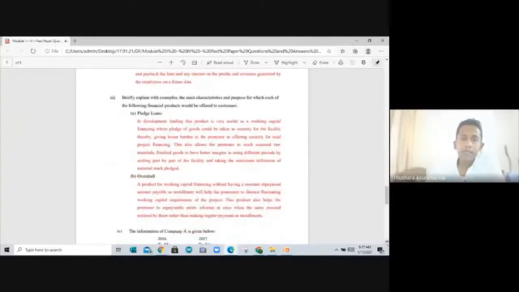Then this is a third one. As I was telling you, sometimes the examiner would ask us to write a short note on a product. Since we have done a kind of model, you can use that model. Here the examiner has given it in a more essay type of way, but don't try to write an essay type of answer. Always write 1, 2, 3, 4 features. That is much appreciated.